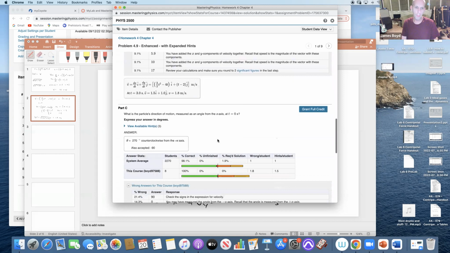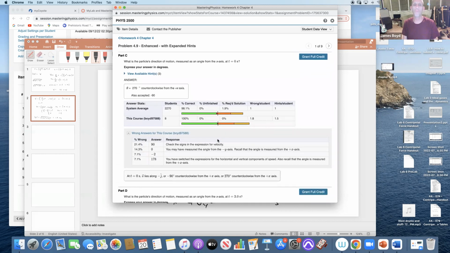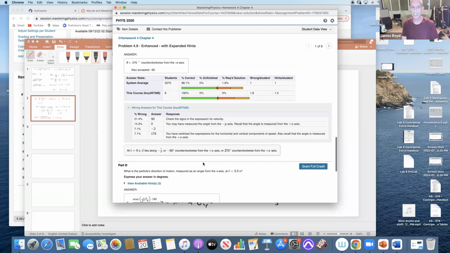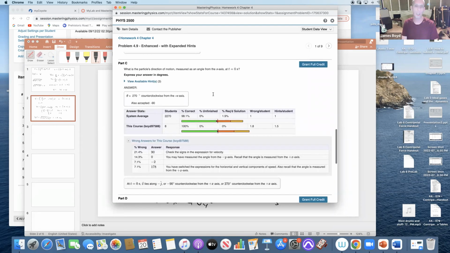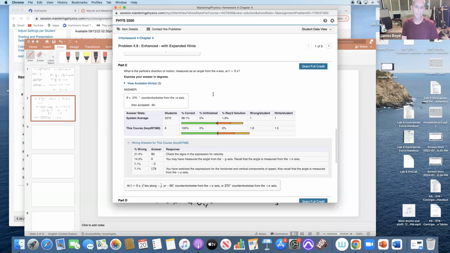Now, for the third part of this, we want to know what is the direction of the motion as an angle. So what we want to know is, in what direction is it going at t is equal to 0, measured from the x-axis, and then again when t is equal to 3.